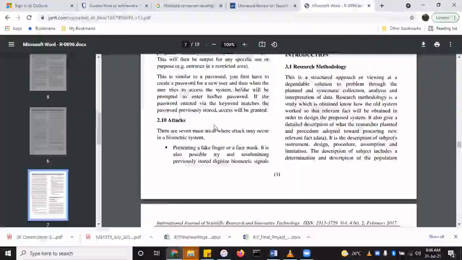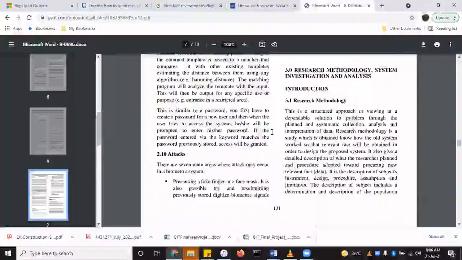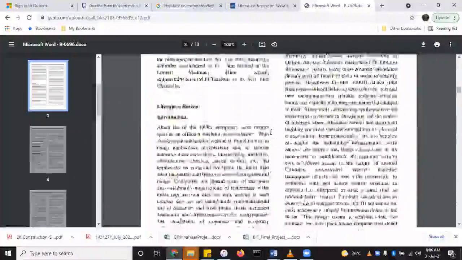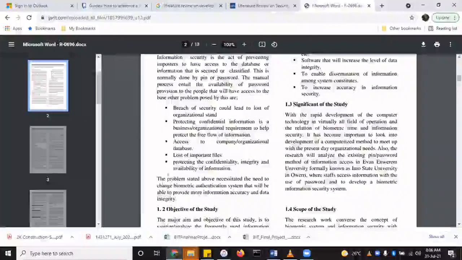There you go. Attacks. Some of the attacks that you do face when you have issues like protecting confidentiality, or when you have breaches, or when you don't have the right protection for confidential information within your organization to help with information flow protection.